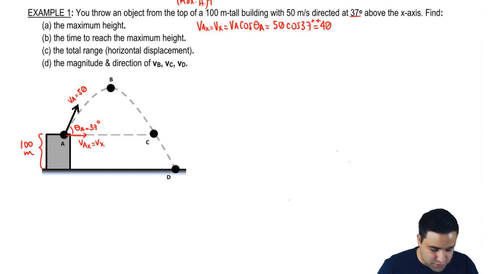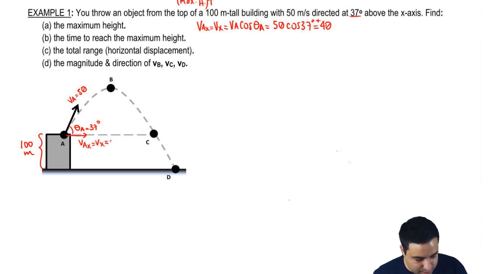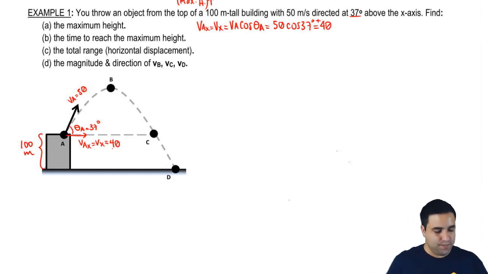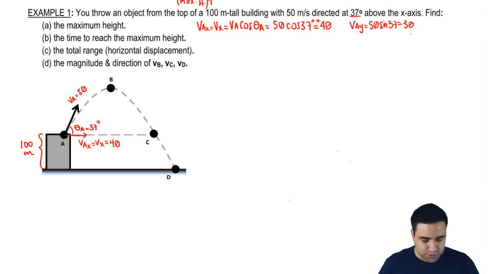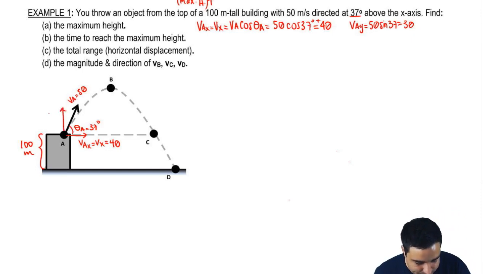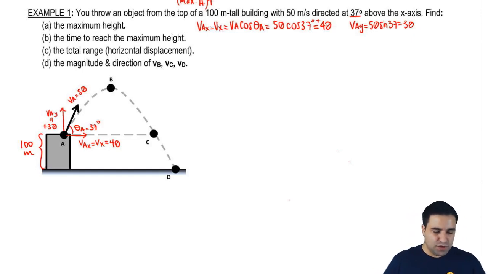It's positive because it's going to the right, so that makes sense. VAY is VA sine of theta, so 50 sine of 37, which is 30 meters per second. So VAY is 30, and it's a positive 30 because it's going up. We don't have a lot of space, so I'm going to try to compress all the information here. Cool, so that's the first thing we do, just split that up real quick.